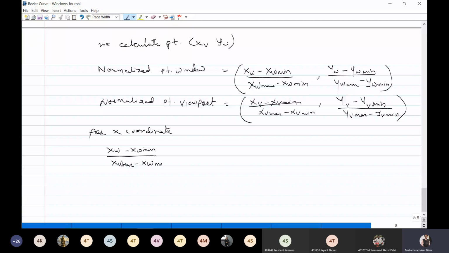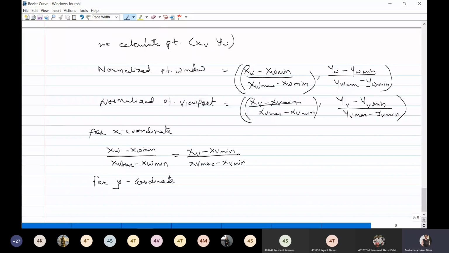So I have used this equation equal to the viewport equation, that is xv minus xv minimum divided by xv maximum minus xv minimum. Okay. Similarly for the y coordinate.